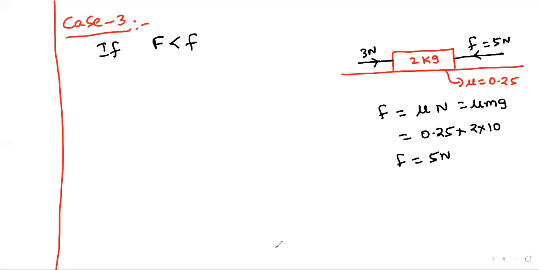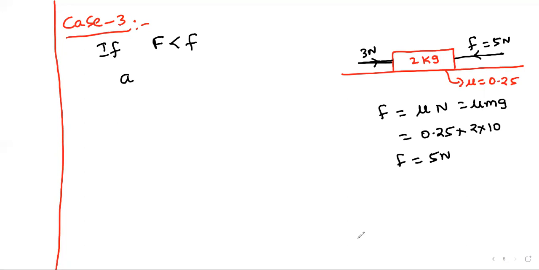Suppose I am applying 3 Newton to move the object, but with 5 Newton I am stopping the object. Then what will be the acceleration?